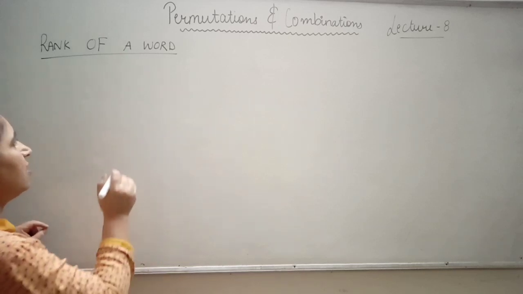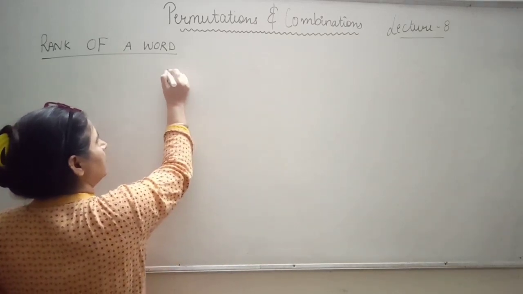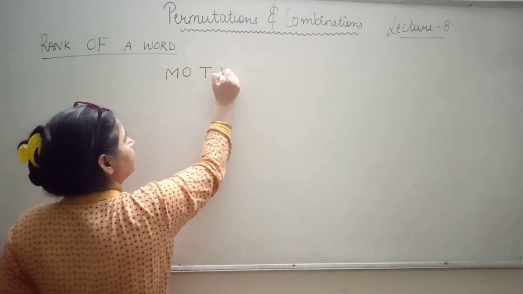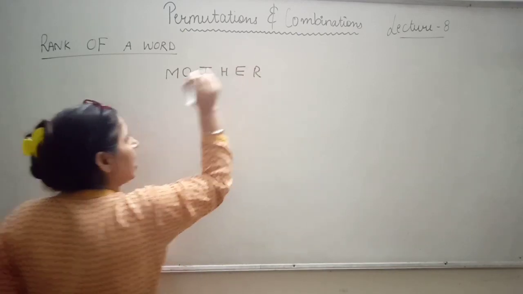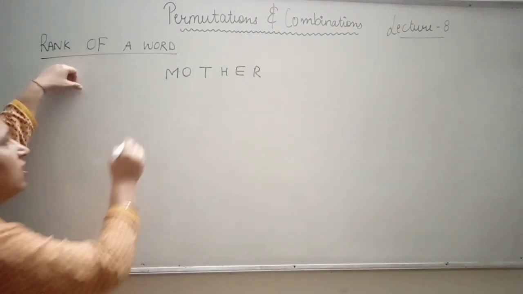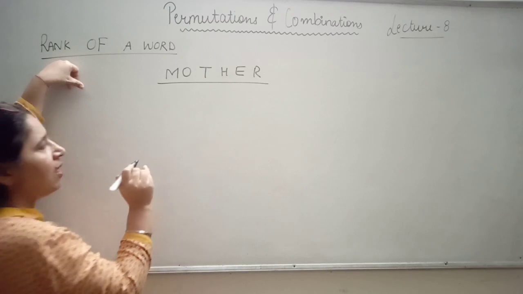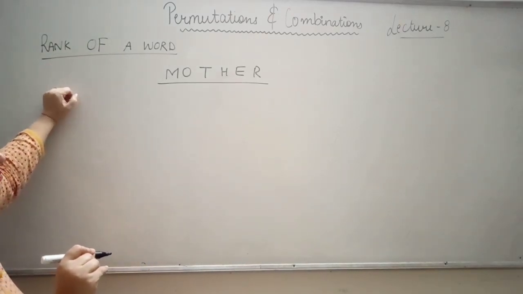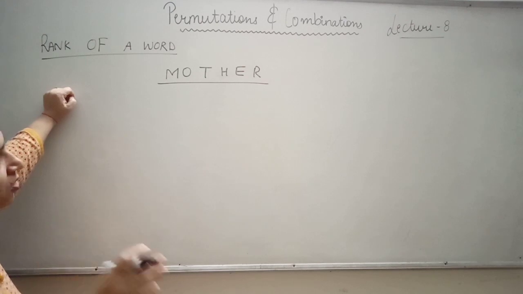So suppose there is the word MOTHER, and we want to find out the rank of this word. What is the rank of this particular word MOTHER? So first of all, I am going to write all the letters in their alphabetical order.